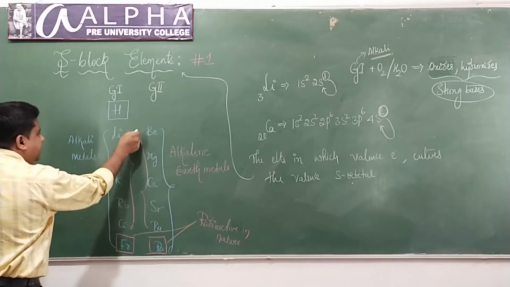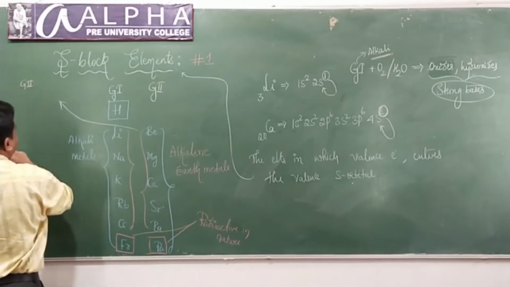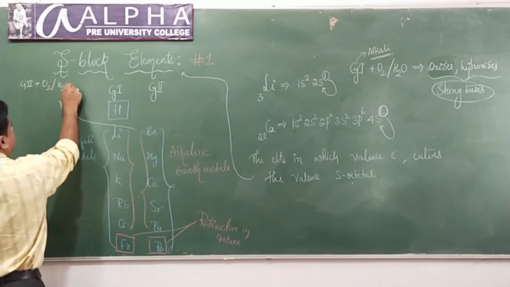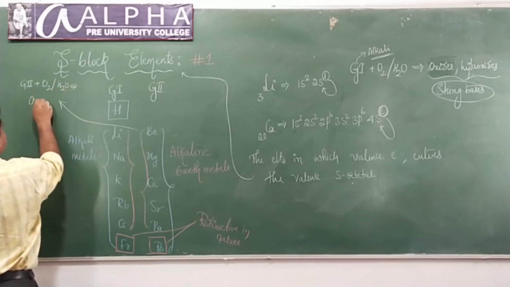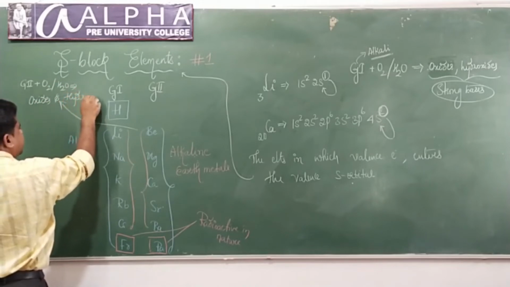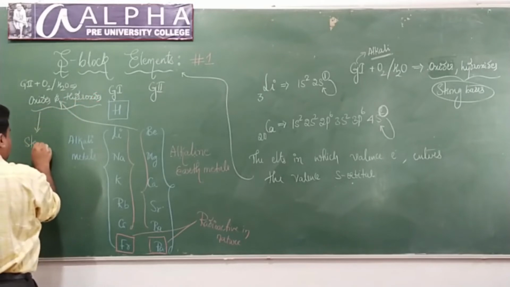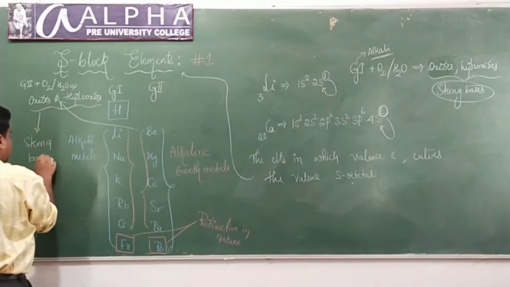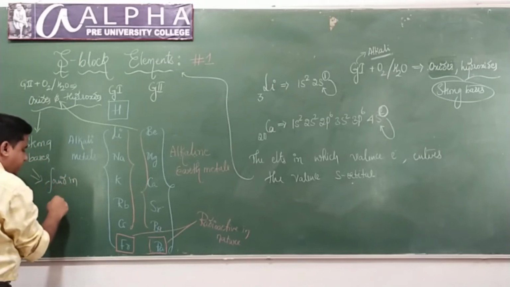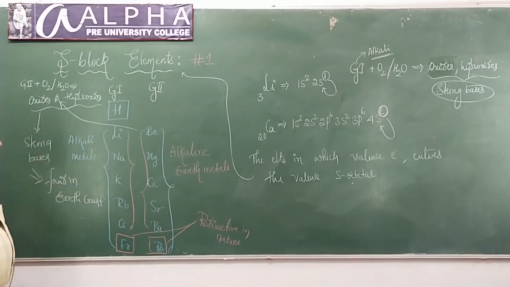When group 2 elements react with oxygen and water, they form oxides and hydroxides, which are strong bases, and they are found in the earth crust.